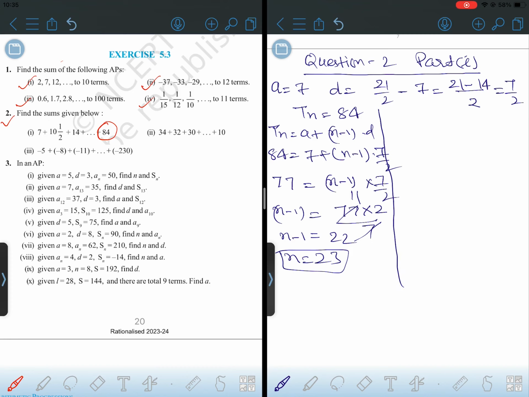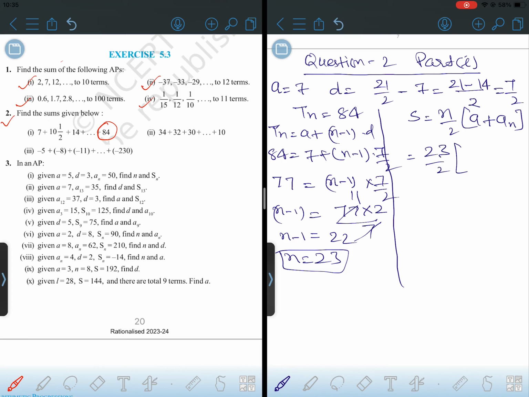Now to find the sum of this AP, we also have one more formula, which I think you are aware of, that is S is equal to n by 2 in bracket first term and the last term. There is also this formula, so we can utilize that. n is 23 upon 2.